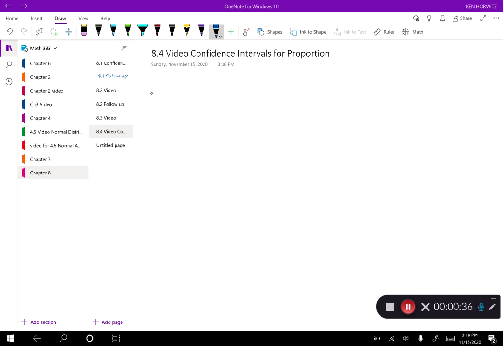The first is p, lowercase p. You might remember that is the proportion of success. So whatever success means, it is the proportion of success, and note that this is for the population.